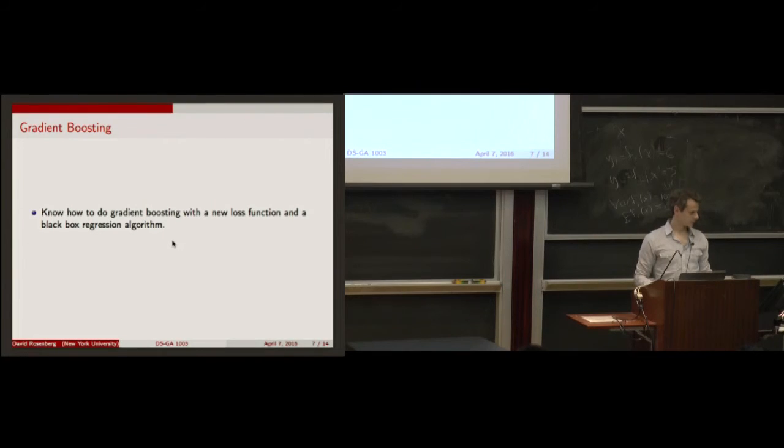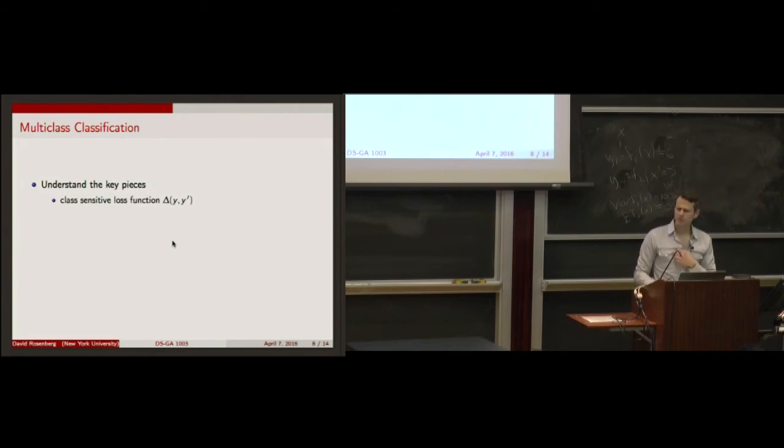Alrighty. Good. Multi-class classification. You should know what the ingredients are and be comfortable with them. So we have this class-sensitive loss function. If I predict 3, but it's actually 4, that could give you a loss of 2. If I predict 2 and it's actually 3, it could be a loss of 5.